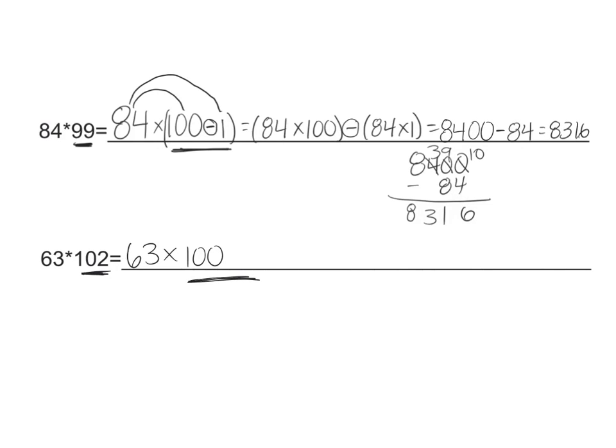So I think to myself, how do I get to 102 from 100? Well, I have to add 2. So I'm left with 100 plus 2. Now I'm going to do outside times inside, just like on the problem up here. So 63 times 100.